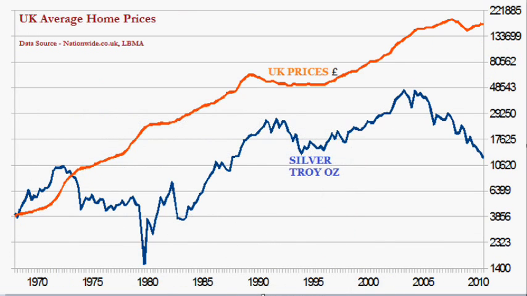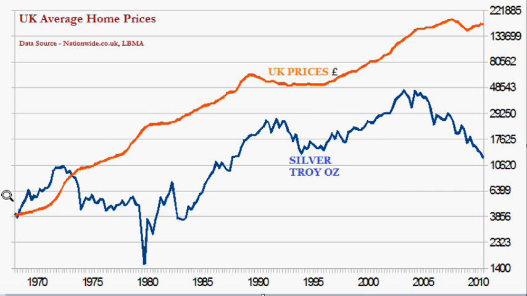And I'm going to finish this off with a United Kingdom chart, a comparison of UK prices in pounds and the troy ounces in the United Kingdom, Britain, however you want to state it. This goes from 1968 to current, end of September, that is, of quarter 3, 2010.